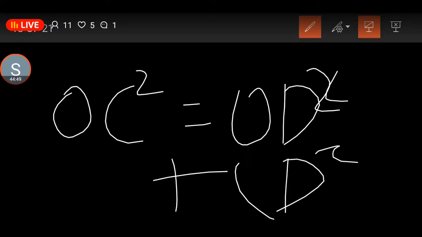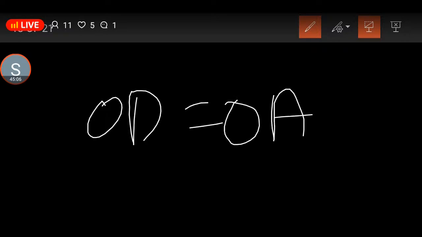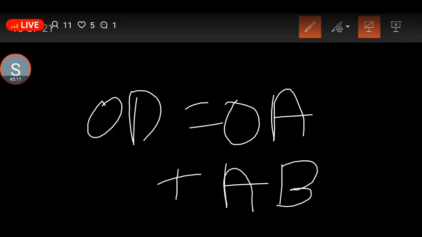I have made OC square is equals to OD square plus CD square. Now OD can be split as OA plus AD. If you can remember the diagram which I drew, OCD, I was taking a full triangle. In that OD consists of OA plus AD, right?